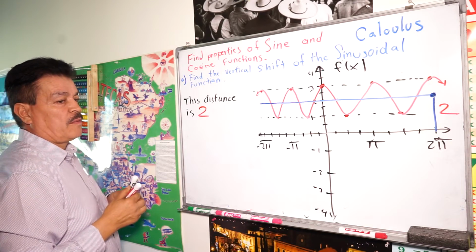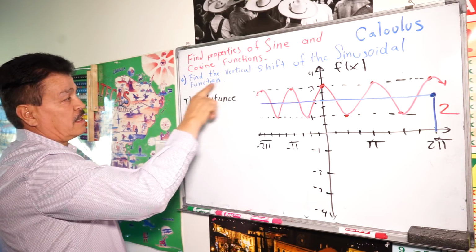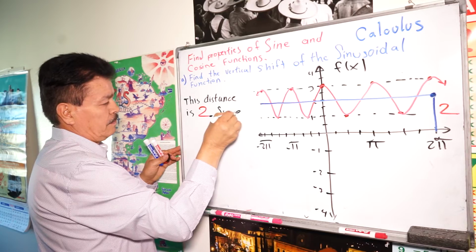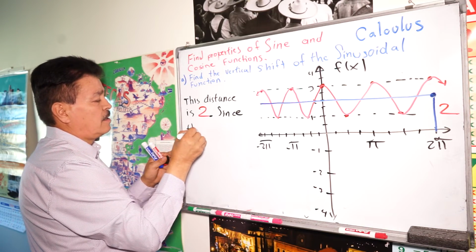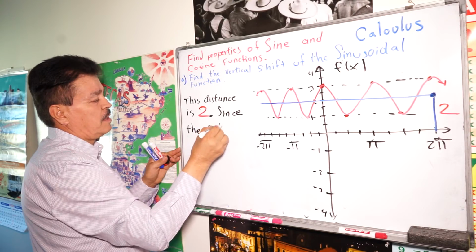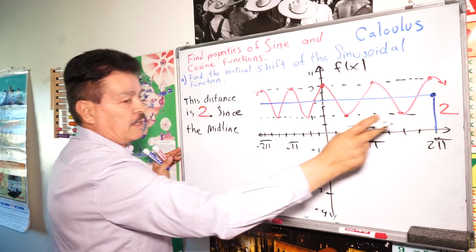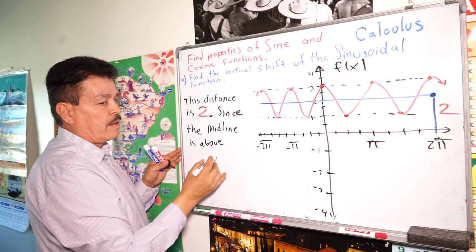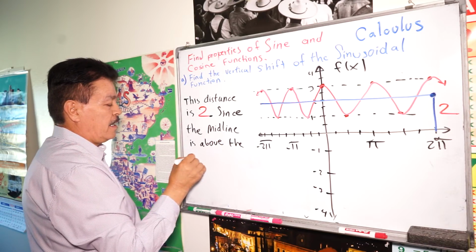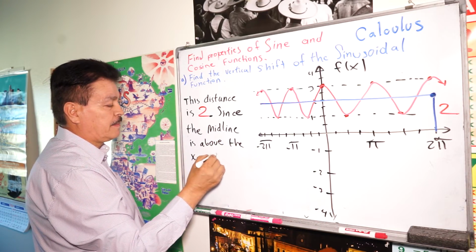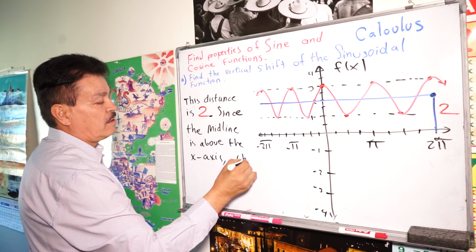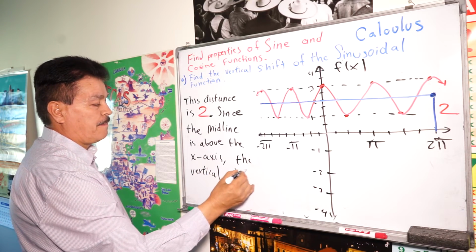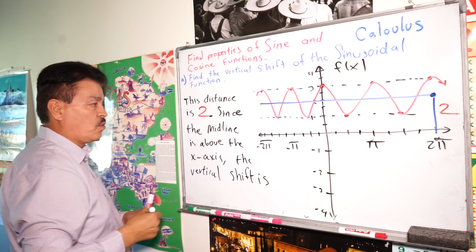What is the other information? Find the vertical shift of the sinusoid. Since the midline is above the x-axis, the vertical shift is 2.